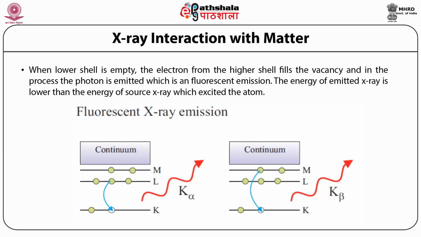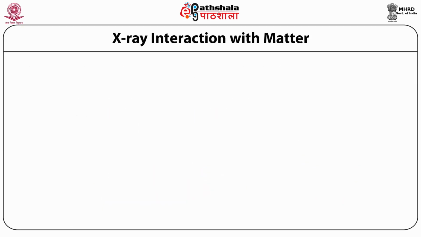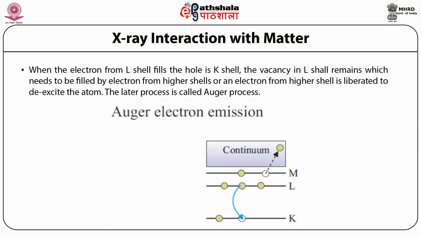So naturally it does not possess as high an energy as the photon which removes an electron from the K shell. So this slide illustrates Auger electron emission.